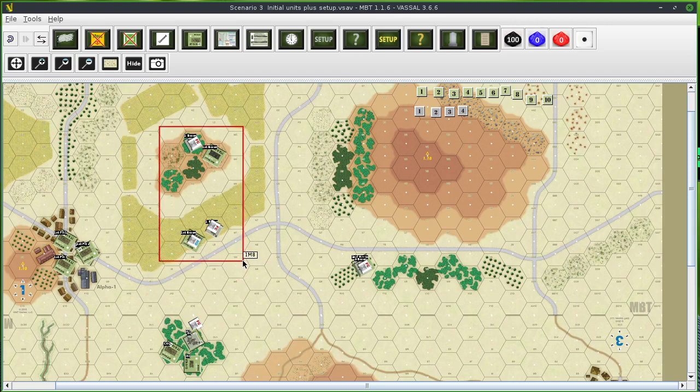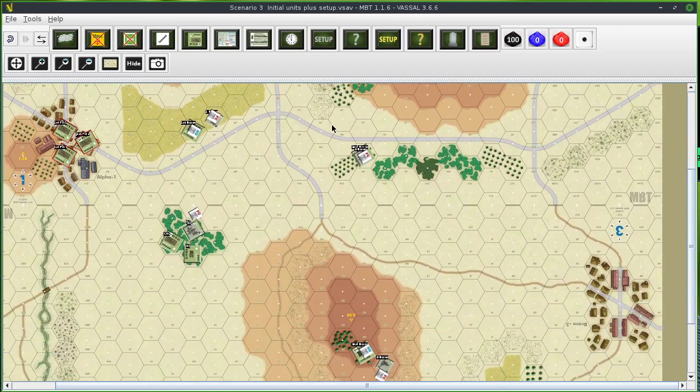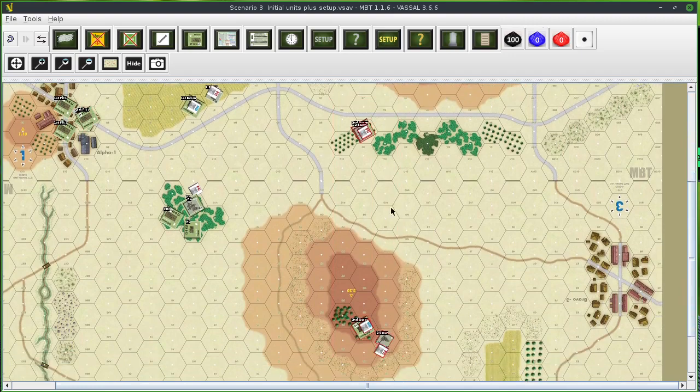Now, if you're just listening to this, if you want to look on your screen, that area right there, that's my 1st Recon Unit platoon. There's my Abrams platoon. My 2nd Recon Unit is a little bit more separated right here, but they're right there. This is my headquarters area.